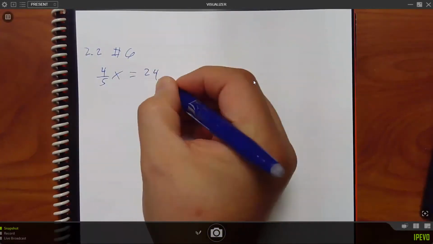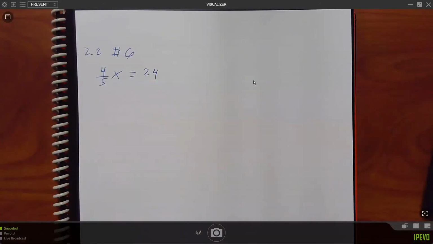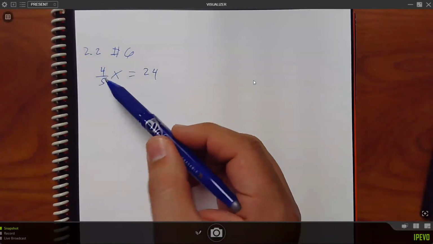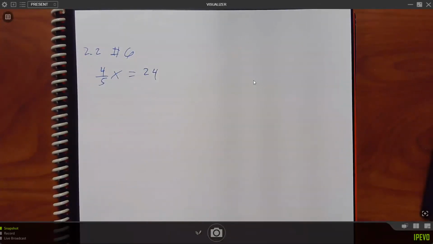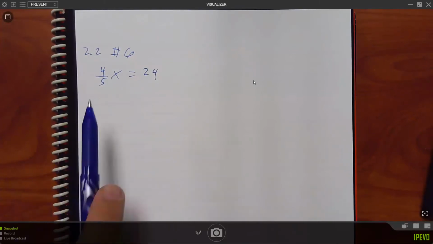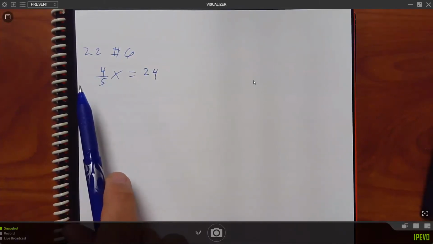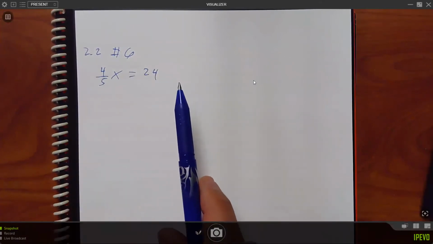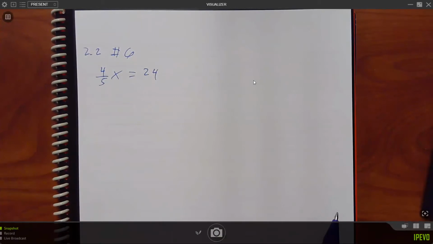Okay. They just want you to solve, right? Yeah. So we can do that in a couple of different ways. Like we showed today, we could divide both sides by 4/5. You could also do it in pieces. If you don't want to divide by a fraction, you could cancel the fraction and then divide by 4 if you want. It doesn't matter.